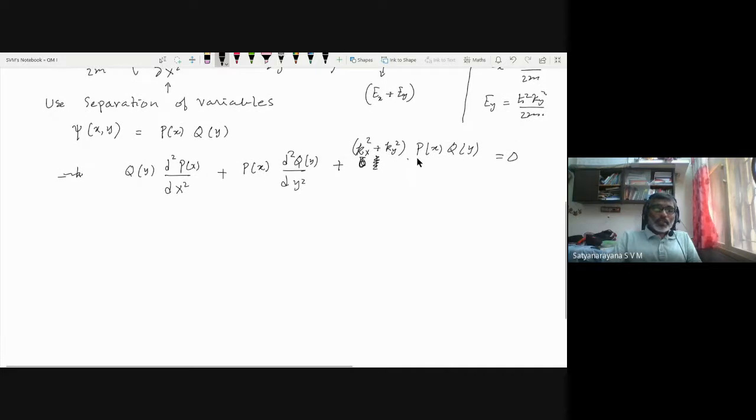Now you can write this. The next step is to divide by p of x into q of y.